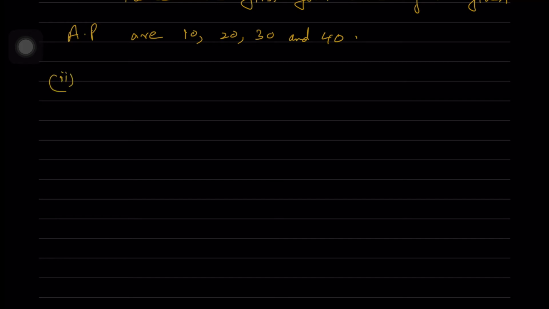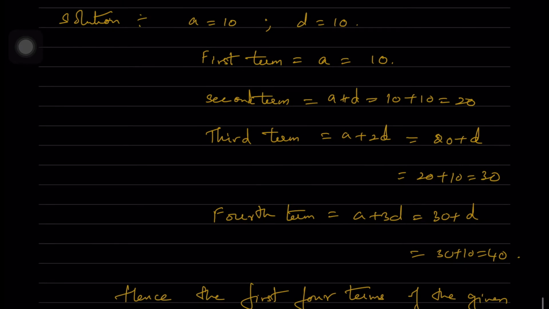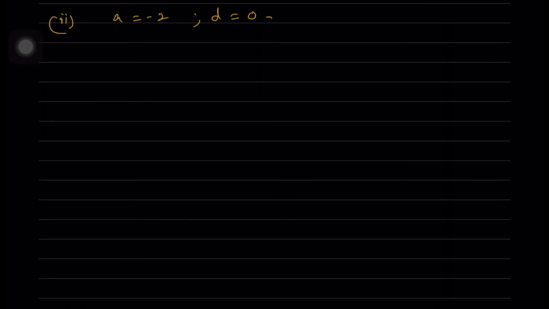Now the second bit, a is equal to minus 2, d is equal to 0. So here the first term is minus 2 and the common difference is 0. I am naming the four terms a1, a2, a3, a4 so it becomes easy for you to understand. a1 is the first term, which is equal to a, which is equal to minus 2.